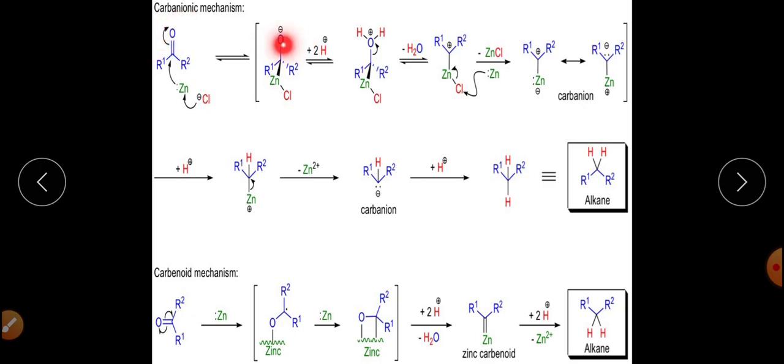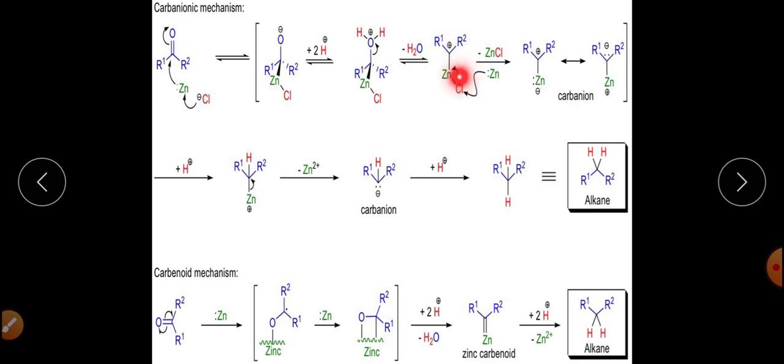Now this O negative, because the reaction is carried out in the acidic medium, plenty of H positive is there. So this O negative will react with H positive and get converted into OH2 positive. After this, a water molecule is eliminated and it will get converted into a carbocation.